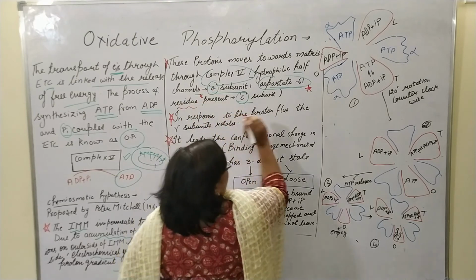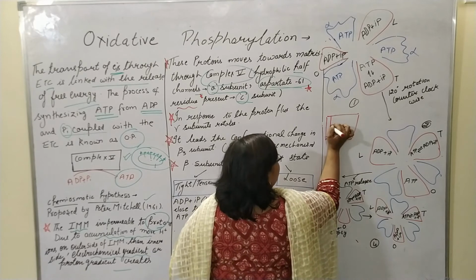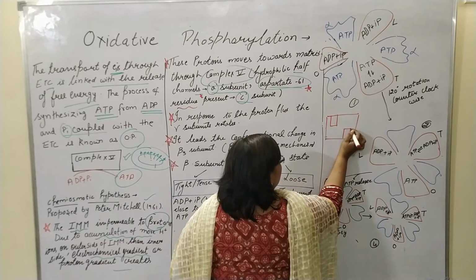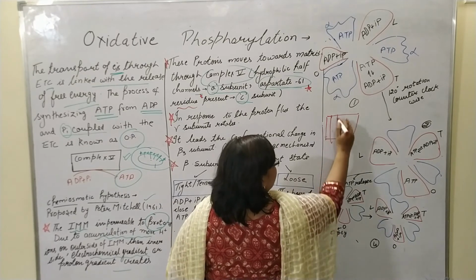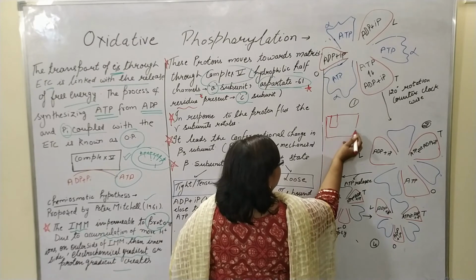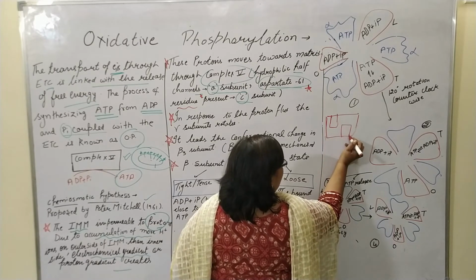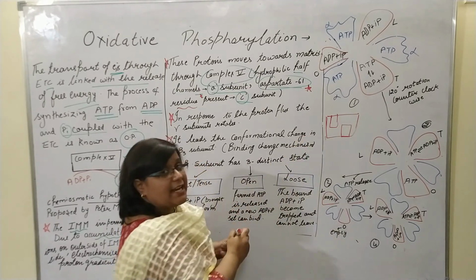Half channel means the channel is not completely embedded. Some part is present on the upper side and some part on the lower side of the membrane. This is the half channel, and it is present on the A subunit.